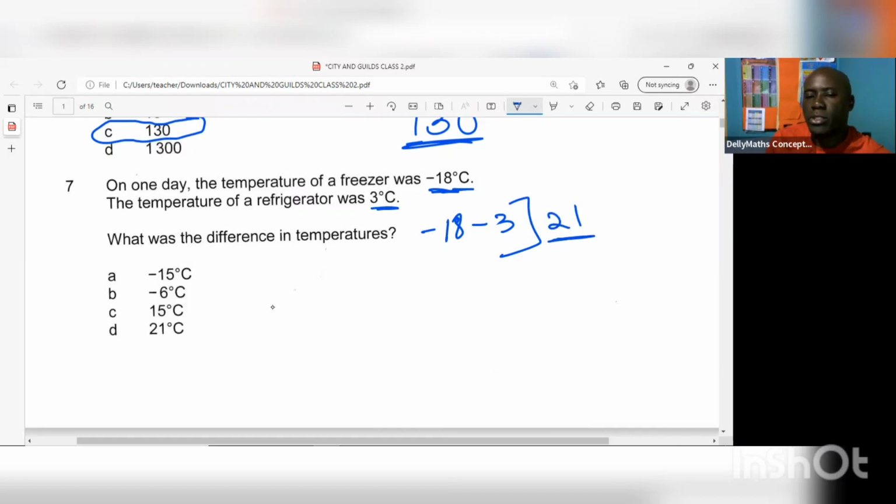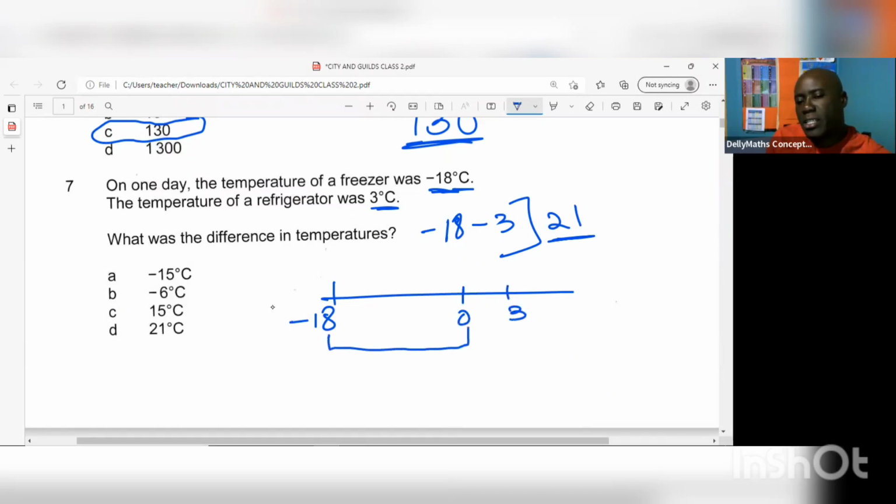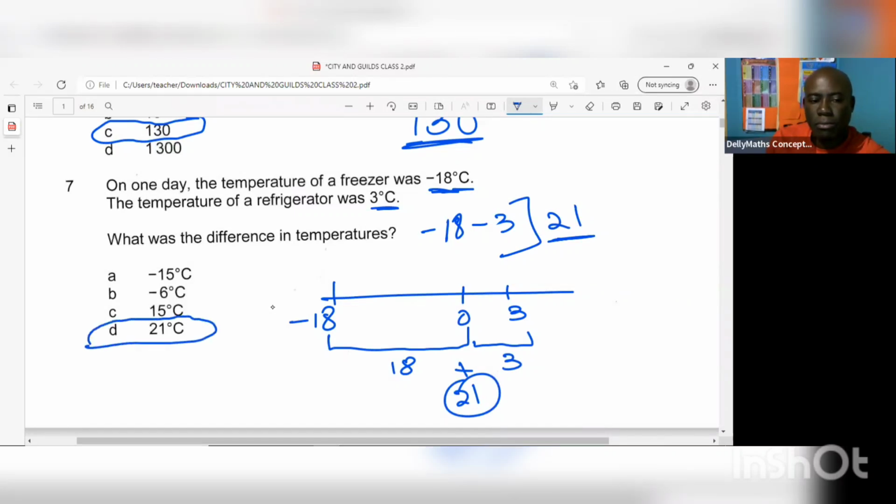It's a case where we would have negative 18 to 0 and to 3. From negative 18 to 0, that's 18 units. And then from 0 to 3, that's 3 more units. So a total of 21. That's the difference between the two, 21 units.